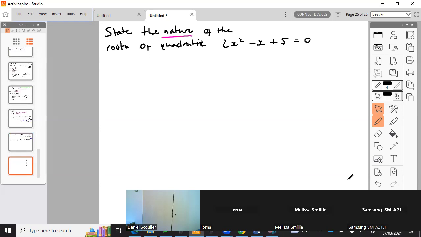2x squared minus x plus 5. We're going to use the discriminant: minus 1 squared minus 4 times 2 times 5. So we have 1 minus 40. Okay, so that's less than 0.